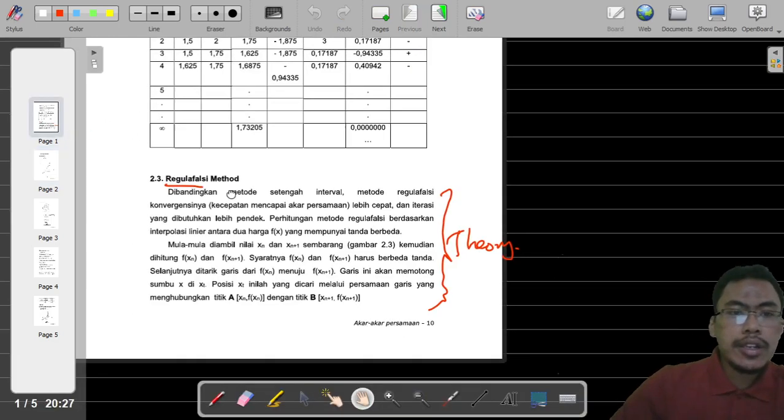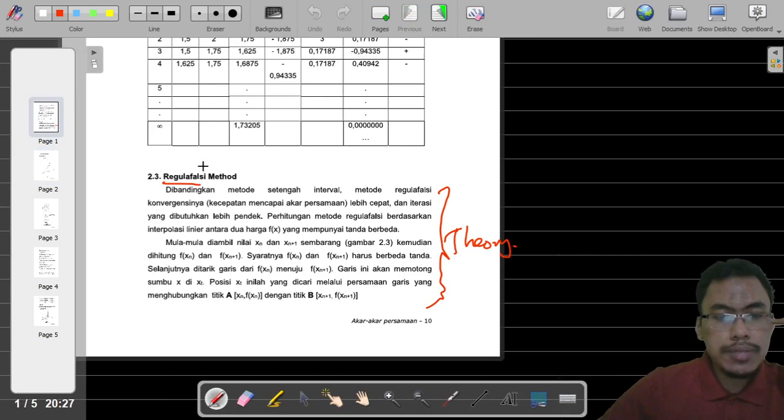And if you take a look at this paragraph, one of the powers that we can find in this method is that the speed of finding the root is faster.